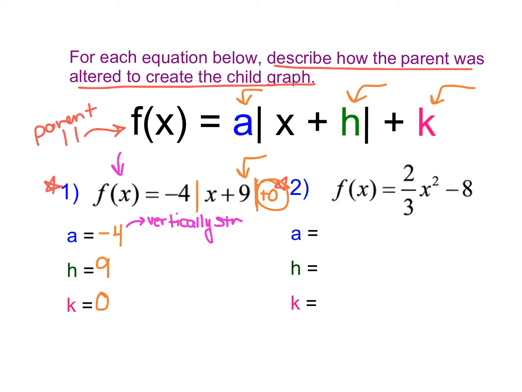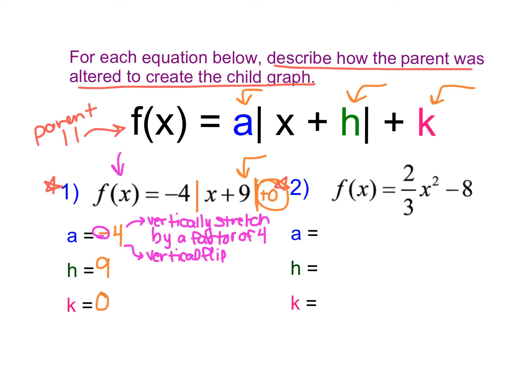So it's going to vertically stretch that parent graph by a factor of 4. Then, because this is a negative, this a value has a second effect on this child graph. This negative value also means we're going to have a vertical flip. So in the case of this particular problem, the a value actually impacts our parent graph in two ways. It stretches it and it flips it.